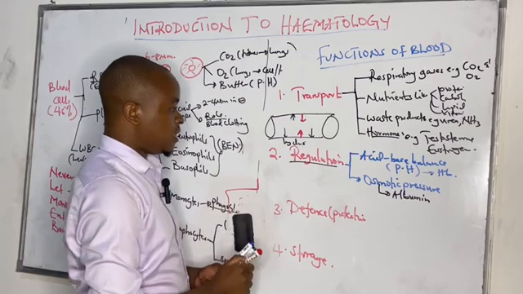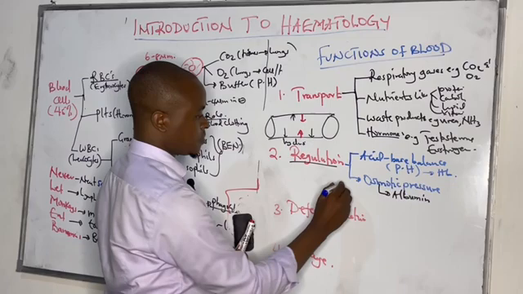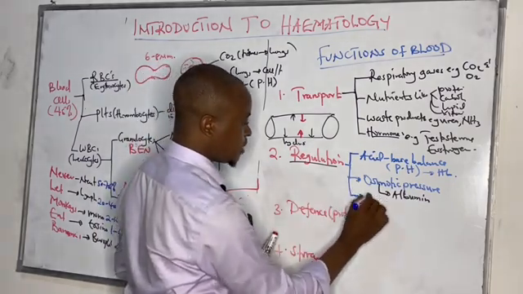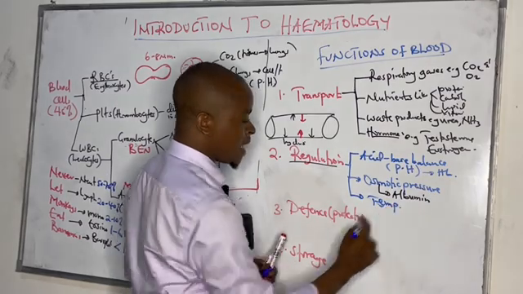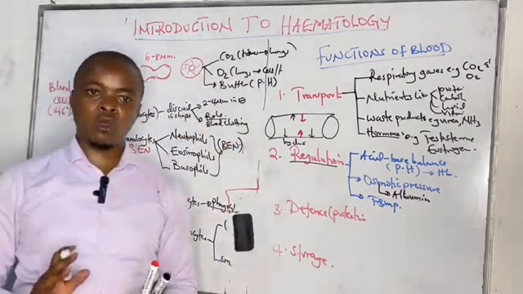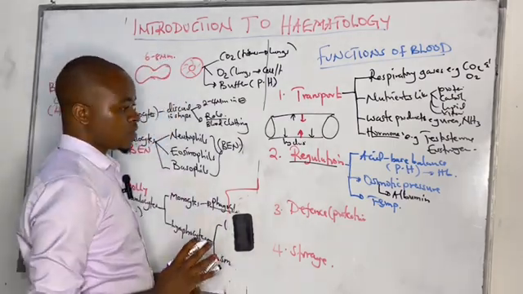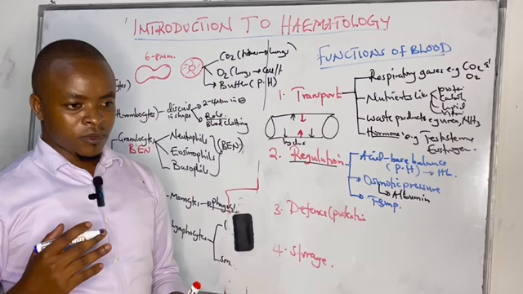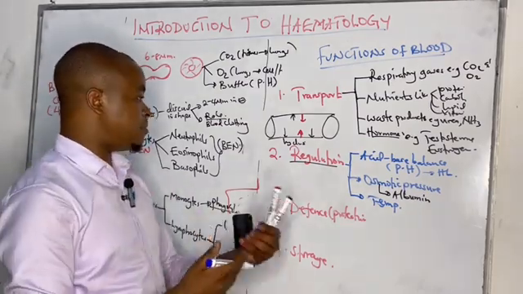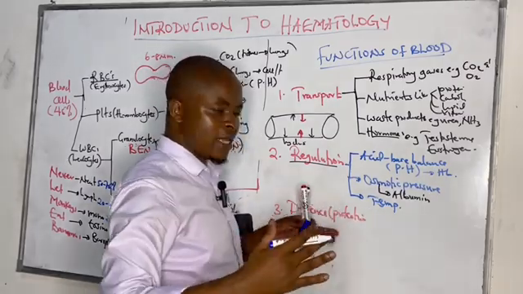And finally, we see blood also regulating temperature, body temperature, whereby blood supplies heat to all tissues. When we need more heat, we see blood being supplied near the skin, and so it maintains the body temperature.